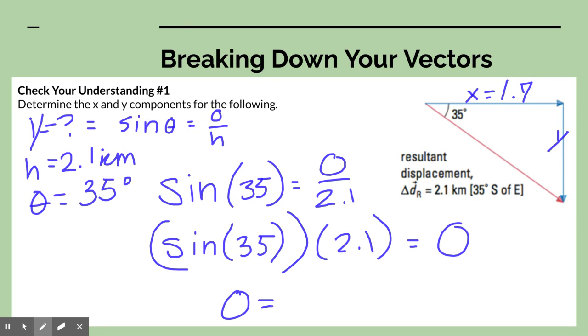Looks like we get 1.2 kilometers. So this will be 1.2 kilometers. We'll say this is to the east, and this is to the south. And then we've solved for them. Easy peasy.